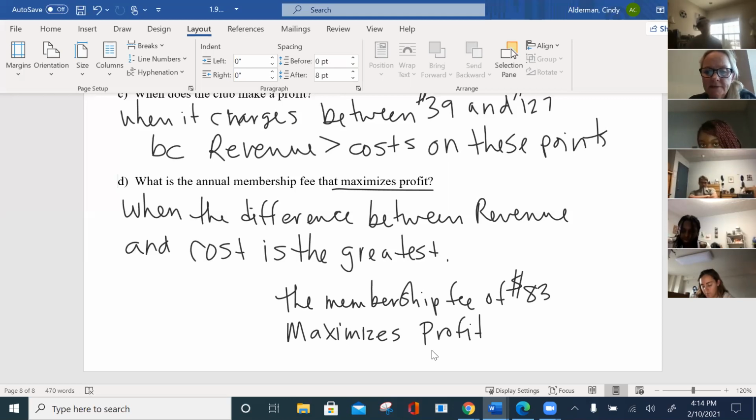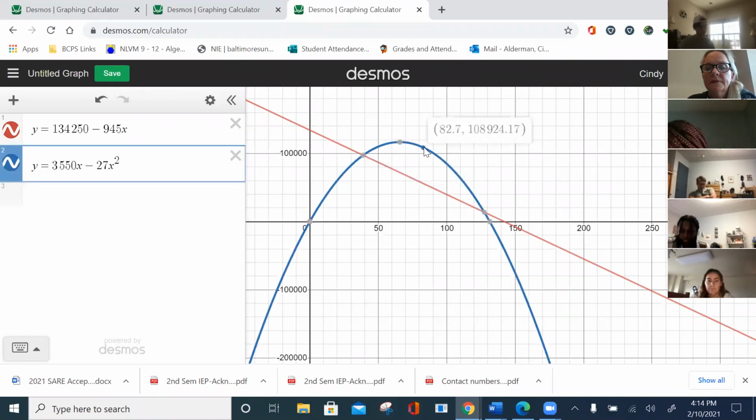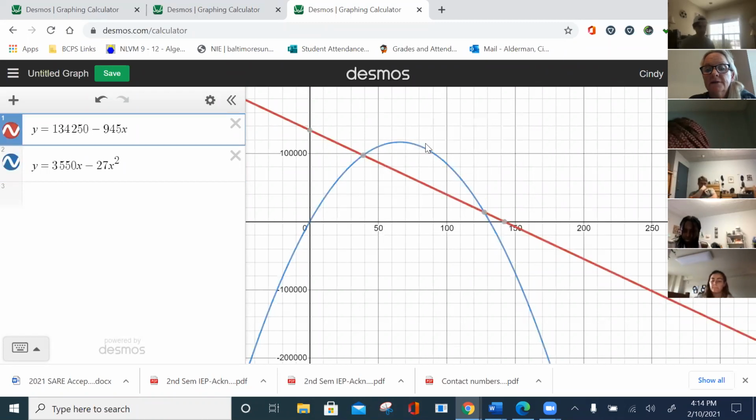So let's go back to Desmos. So let's see, what did I say? It was somewhere around 83. So let's say right there. So the distance from here straight down to here turns out to be the longest you can make.